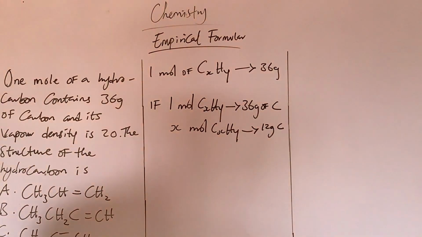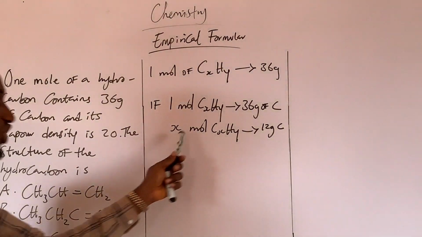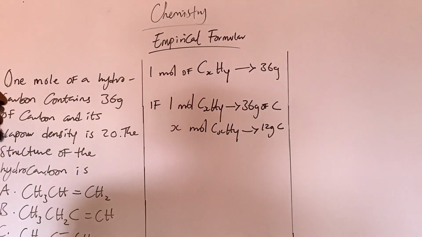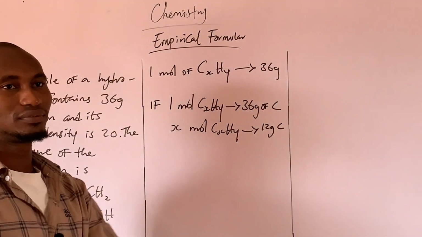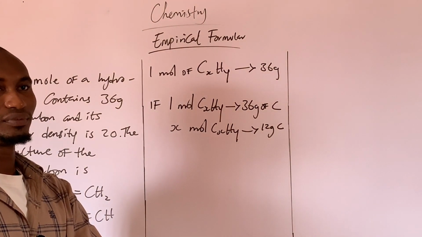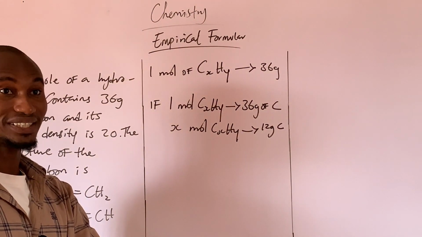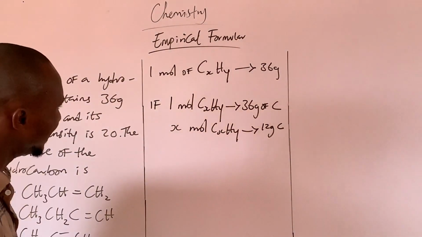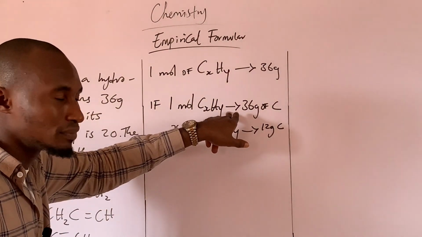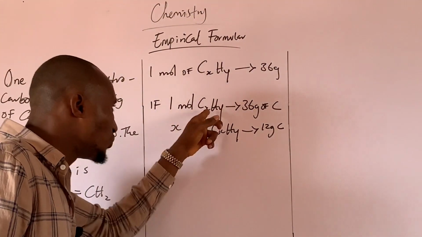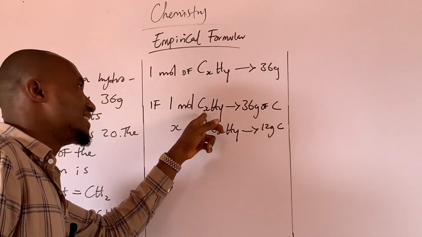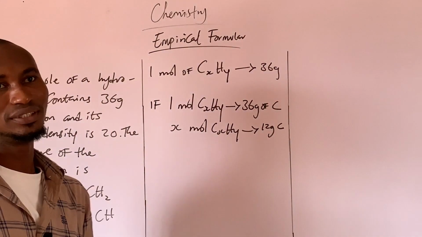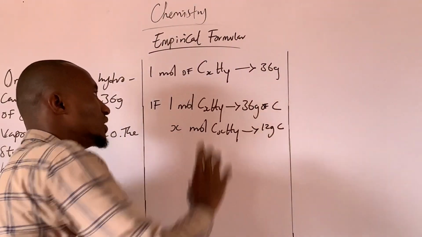But it can't go this way. Why? Because we are talking about carbon itself. Here we have hydrocarbon, but to find what is here, we need to find carbon on its own, separately. So it can't go this way.